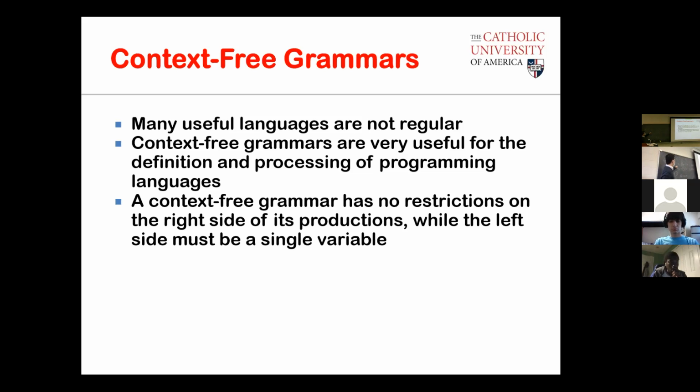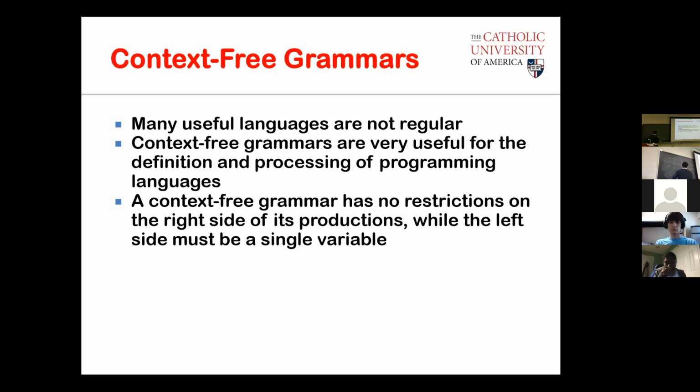So pick this one, for example. Which one is the left side? Which one is the right side? A is the left side and BX is the right side. Okay, and how do you know?